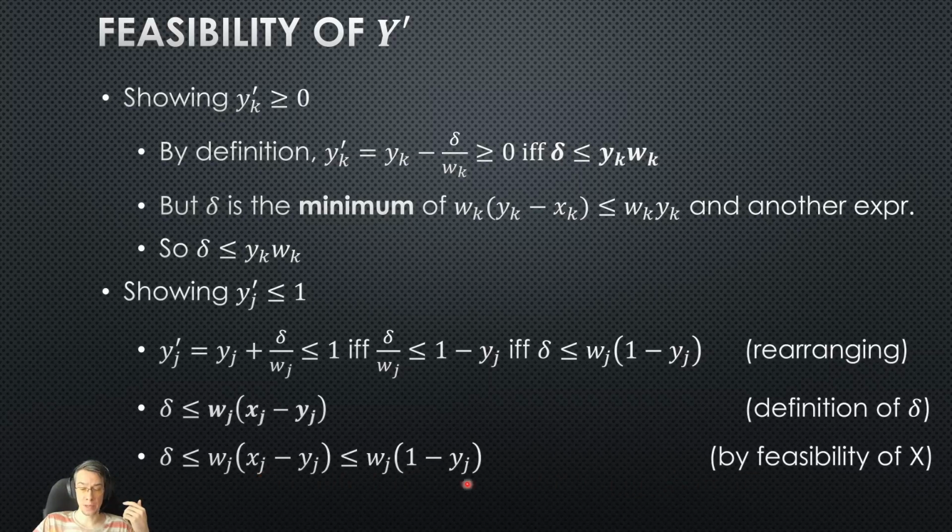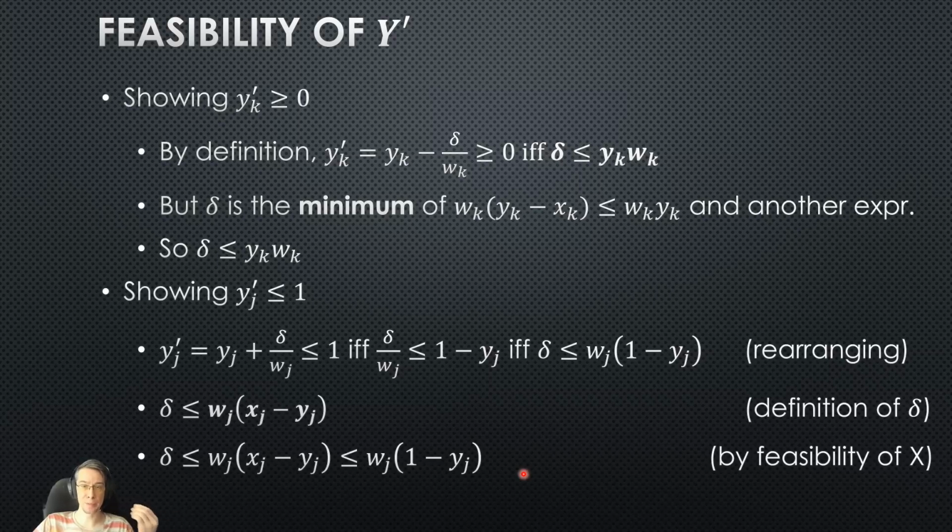And we know that from the feasibility of x, right? So x was a greedy solution, and our greedy solution always picks all of our x_j terms to be between 0 and 1. So this is at most 1. So this expression is at most this expression, and we're done. Okay, so that's feasibility.